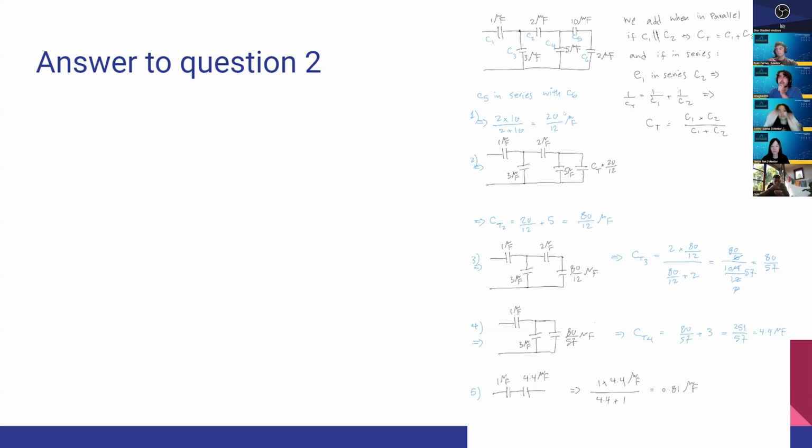Okay. Then we move forward from the innermost section of the circuit, which is on the rightmost. These two are in series, so we add them: 2 times 10 over 2 plus 10, 20 over 12 microfarads. Then we have these two in parallel, so we add them and end up with 80 over 12. Then they're in series, so we do that again in parallel and in series, and we end up with 0.81 microfarads.